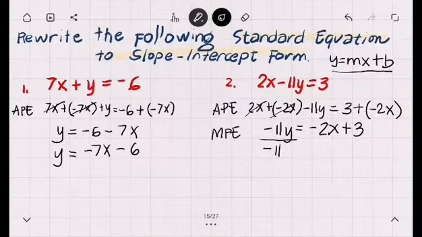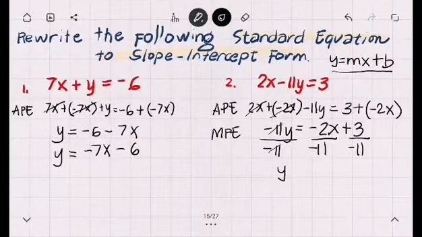So, ibig sabihin, kung ano yung ginawa sa left side, so, ganun din yung gagawin natin sa right side. I-divide din natin sa negative 11 yung lahat ng terms. Okay, so in this case, pwede na nating i-simplify. Negative 11 divided by negative 11 is positive 1. 1 times y, so ang matitira sa left side is y. Then, simplify natin yung right side.